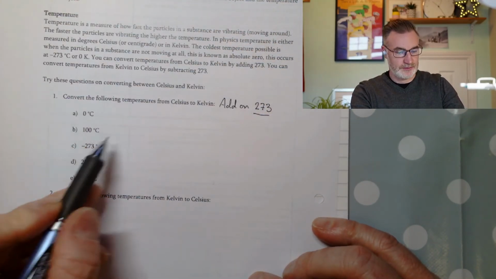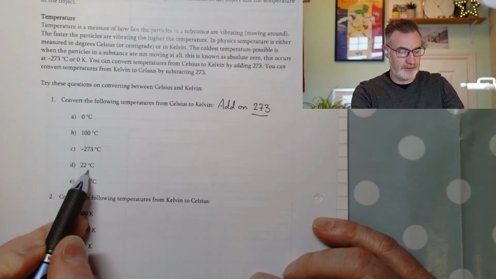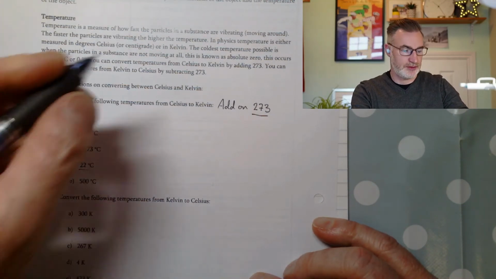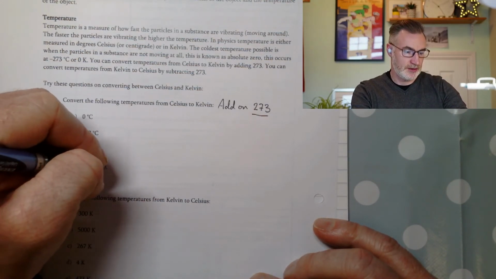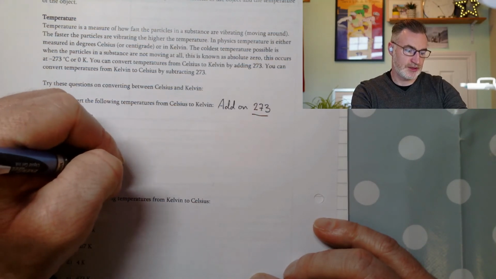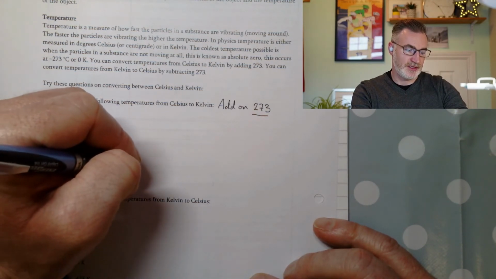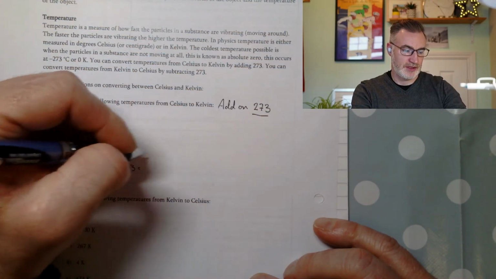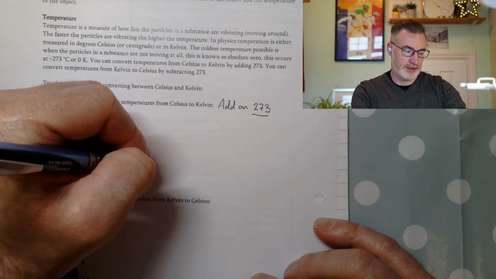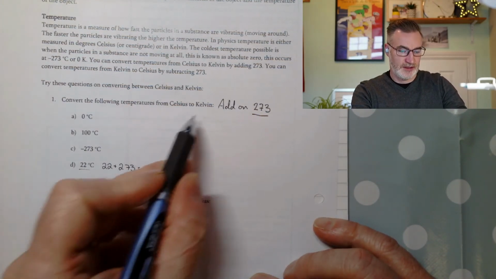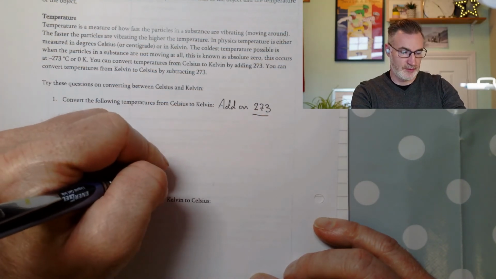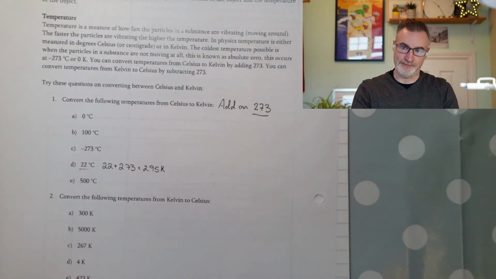So if I go to this, you're just doing 22 plus 273, which would give you 295. And we're going to Kelvin, so we would just write a big K.